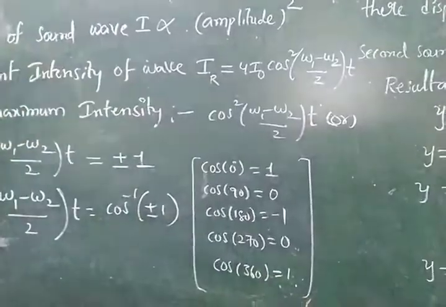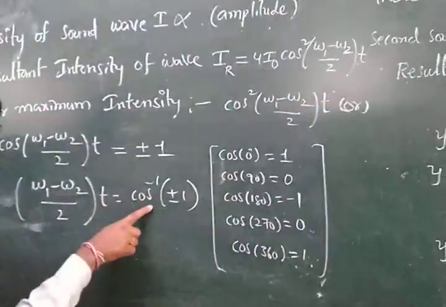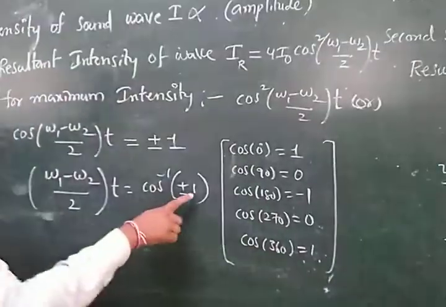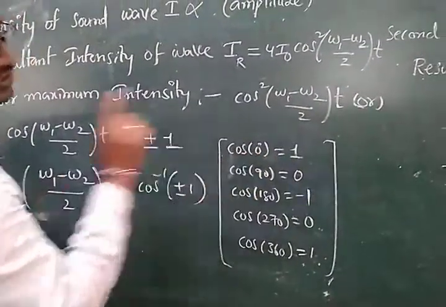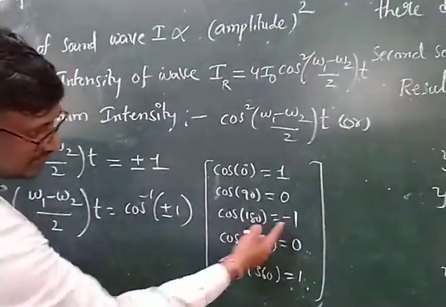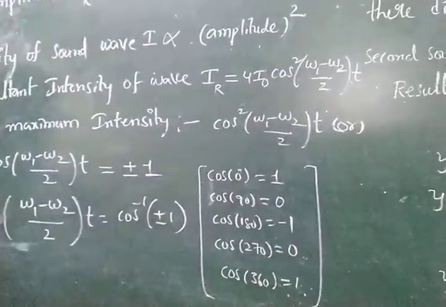Now the cos inverse of plus 1 gives 0, and minus 1 gives 180, and 180 is nothing but pi.